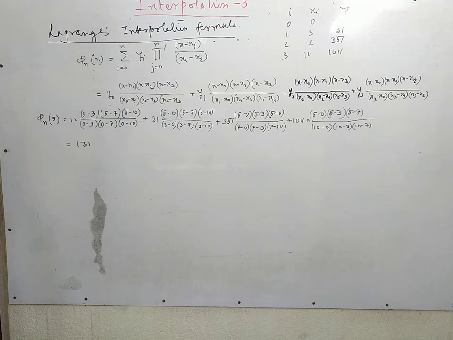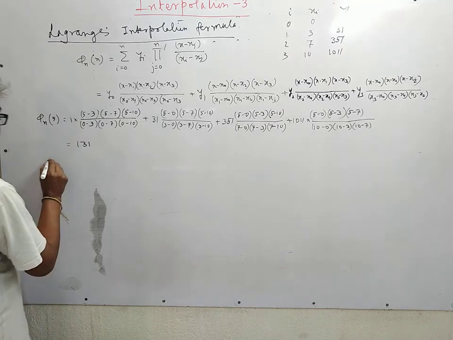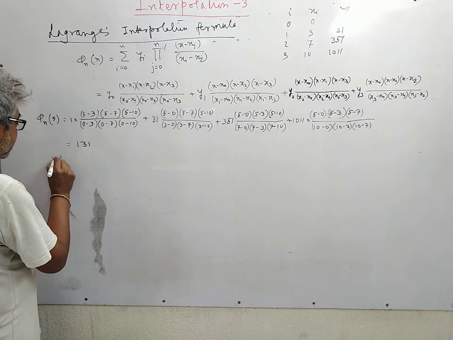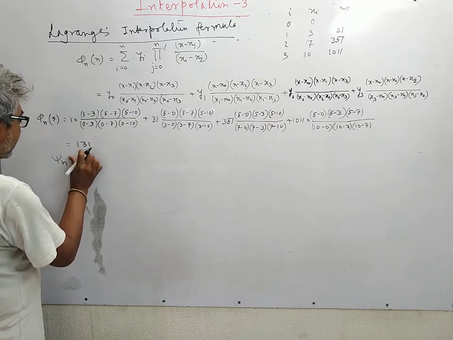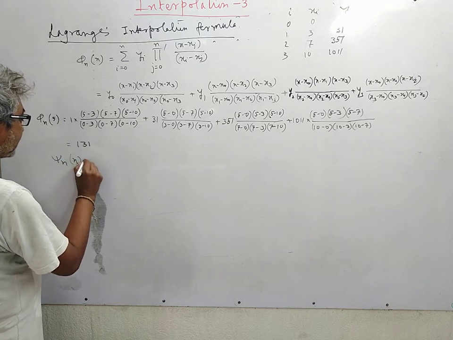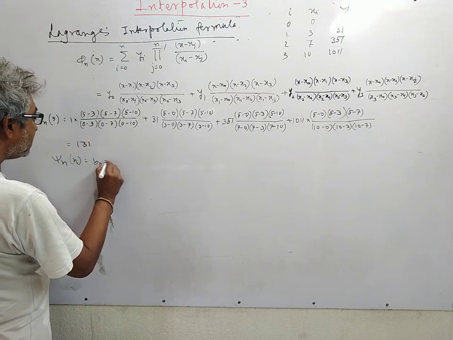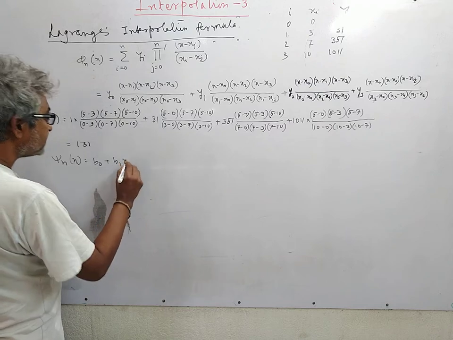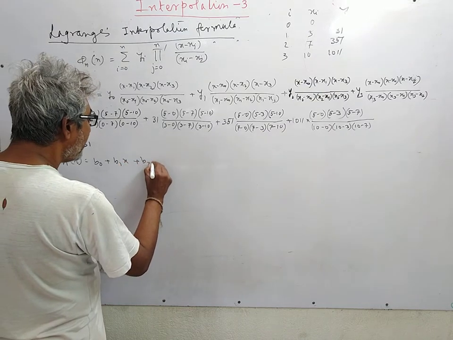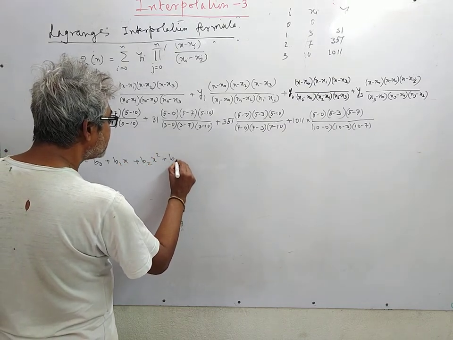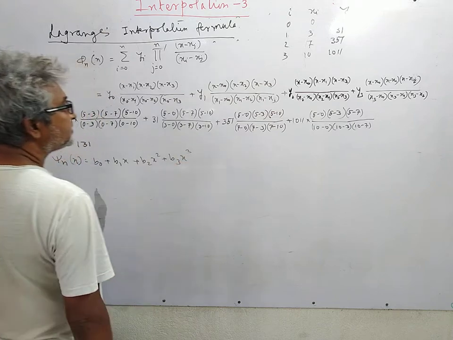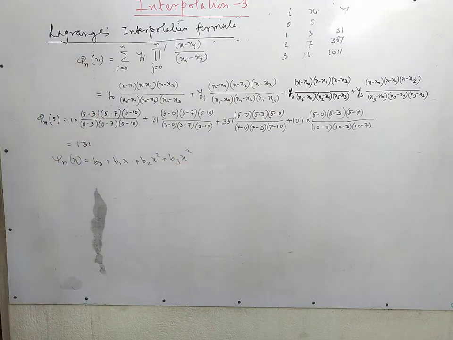We could also fit the data into a polynomial like this: psi n of x is equal to b0 plus b1 x plus b2 x square plus b3 x cube. As there are 4 data, we cannot choose a still higher power of x.